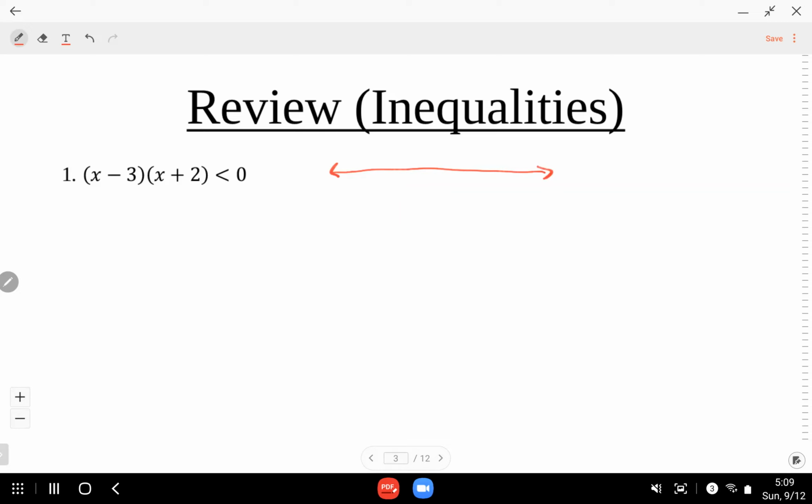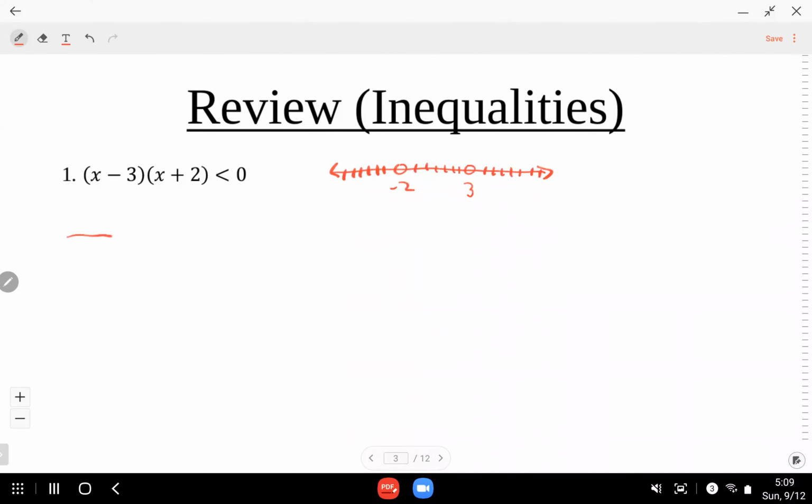So for x minus 3 to equal 0, x cannot be 3. For x plus 2 to equal 0, x cannot be -2. So our intervals are -2 and 3. These are the intervals in which x does not equal 0.